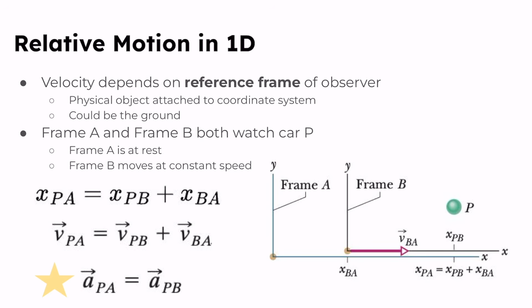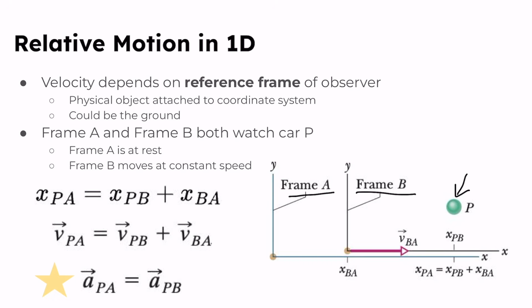Now let's look at this graph on the bottom right corner here. Let's say we have a frame A over here, and this frame A is at rest, and it is watching a certain particle P speed past.